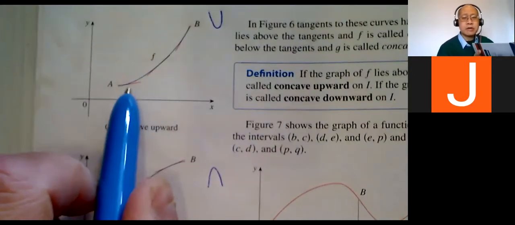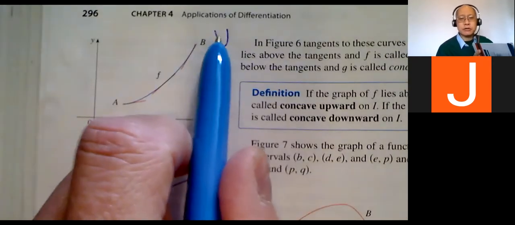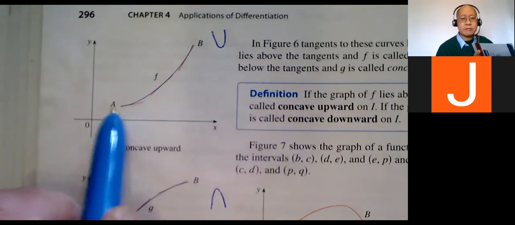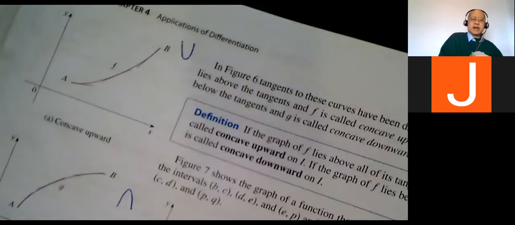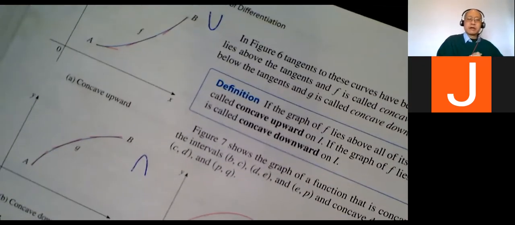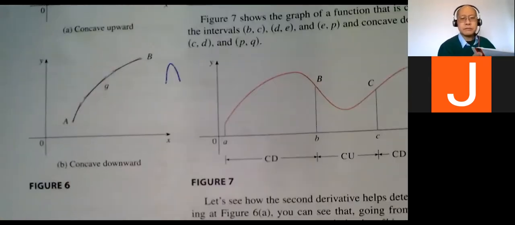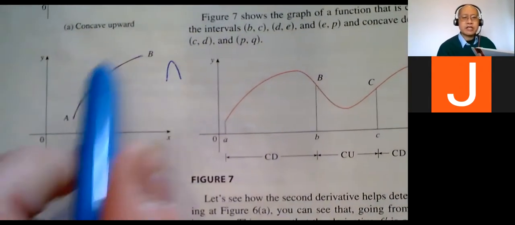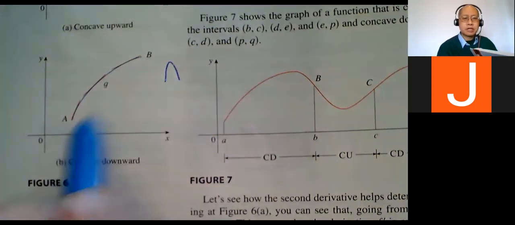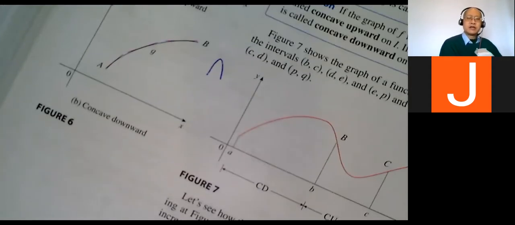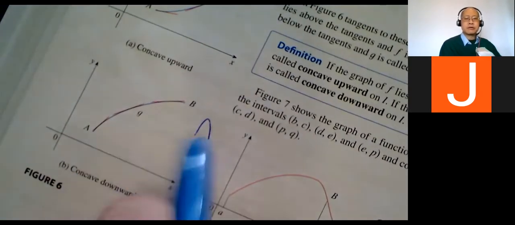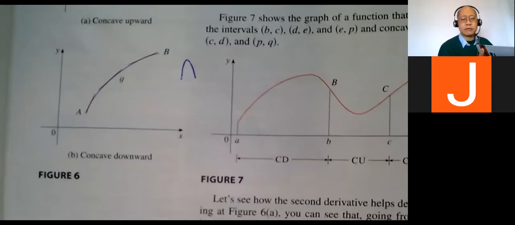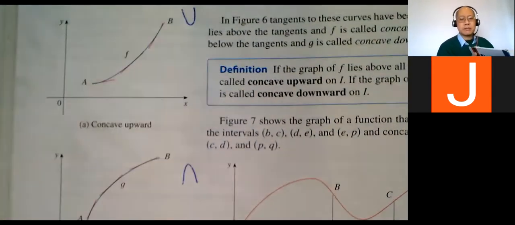Now, you don't have to see the entire U. This only looks like part of the U, but it's still considered concave up. If you turn the book like this, you can see a little bit of a smiley face. Concave up. And concave down, you don't have to see the entire upside down U, just a portion of it. If you turn it, you can see the sad face, a frowning mouth kind of thing. So that's concave down. It's the way it's curving, concave up, concave down.